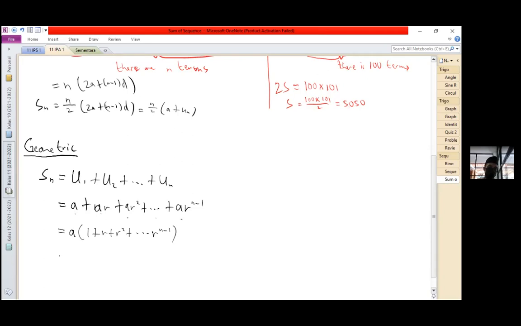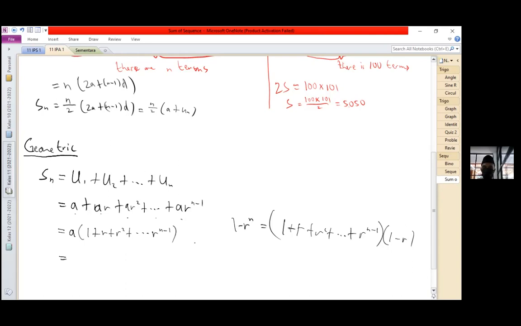So basically, if we multiply this, 1 plus R plus R squared, and so on, by 1 minus R, you will get a neat result.